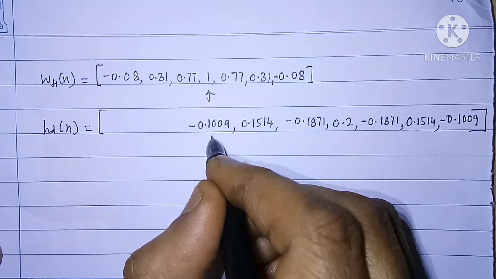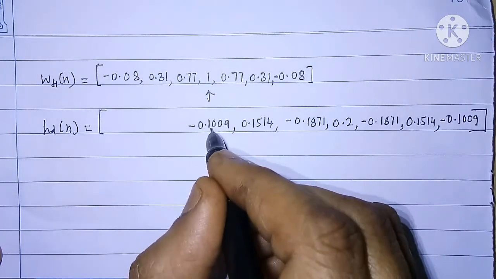For HD of n, 0th sample is minus 0.1009.